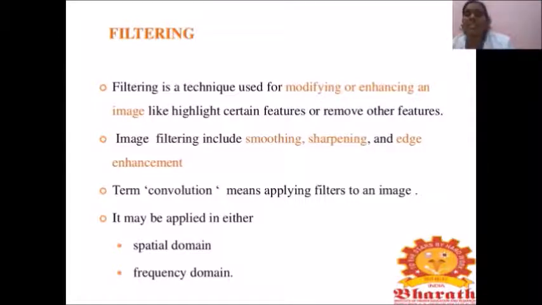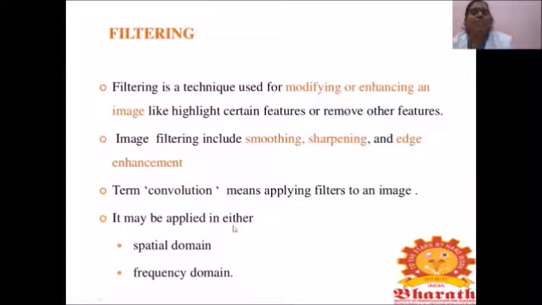If they are irrelevant, those pixels or intensity values are removed. So that is called filtering. It includes smoothing, sharpening, and edge enhancement. If we apply filters on the image to get the original image, that process is called convolution. The term convolution means applying the filter to an image.